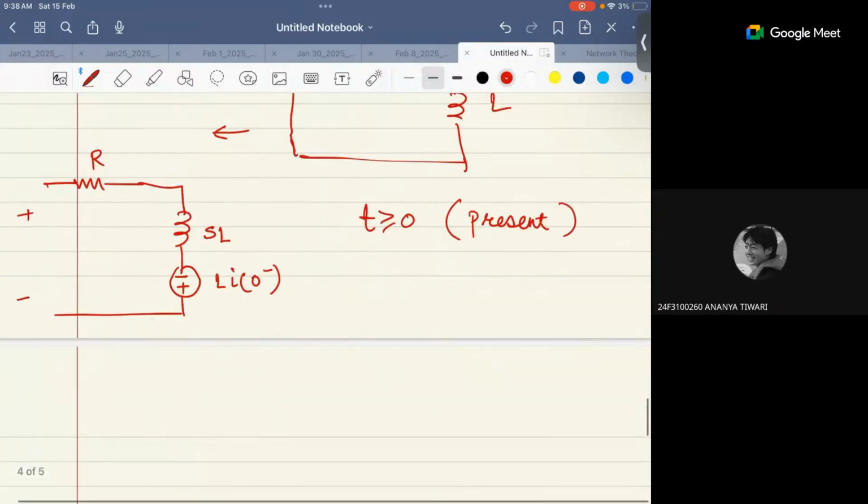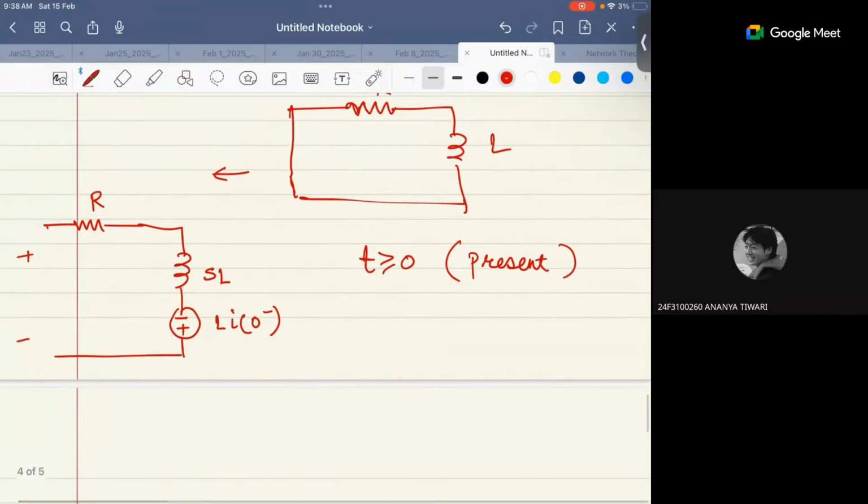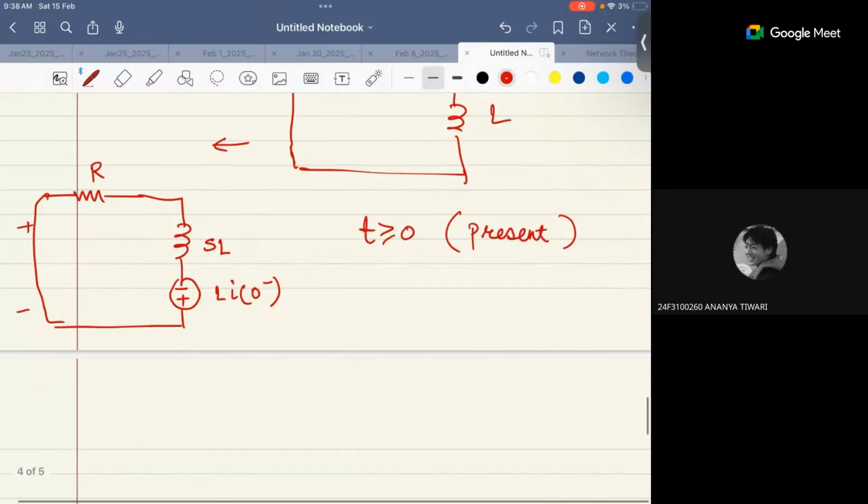Now I can be calculated. You can write the equation and calculate.